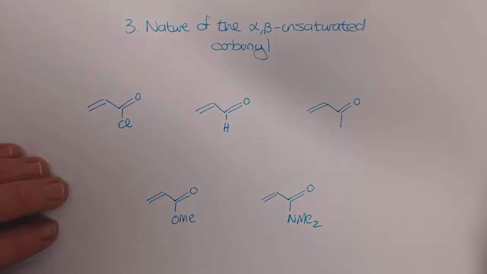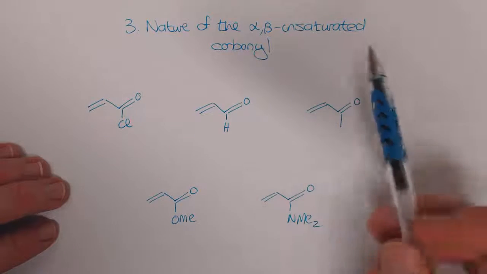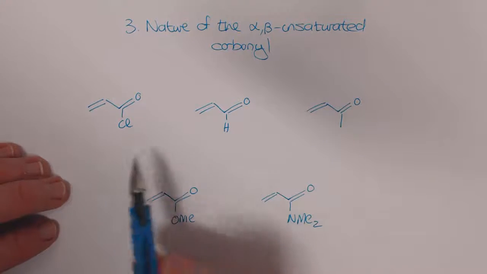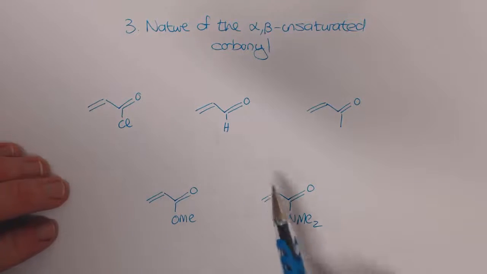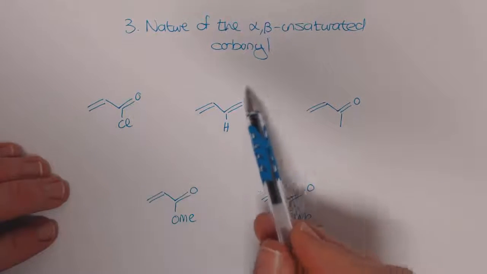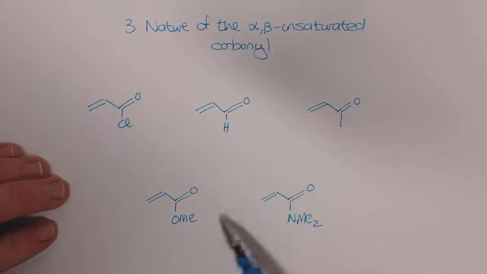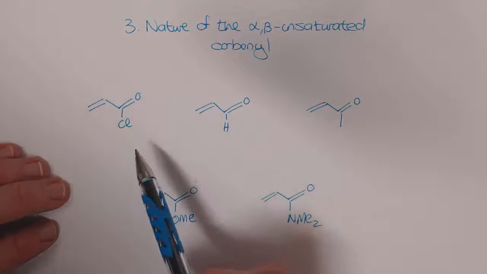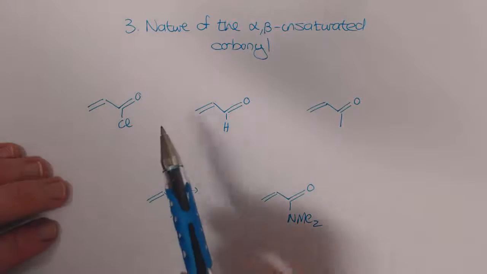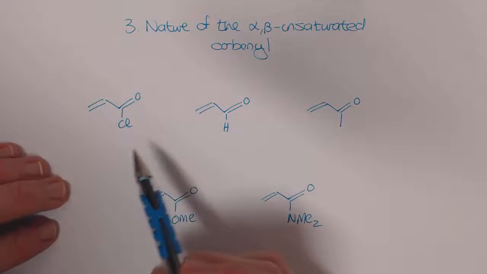So the final factor that affects whether we get conjugate addition versus 1,2 addition has to do with the nature of the unsaturated carbonyl. And here I've just drawn out 5 representative examples of the types of carbonyls we get, like an acid chloride, an aldehyde, a ketone, an ester, and an amide. And it turns out the more reactive the carbonyl compound, the more 1,2 addition we will get.